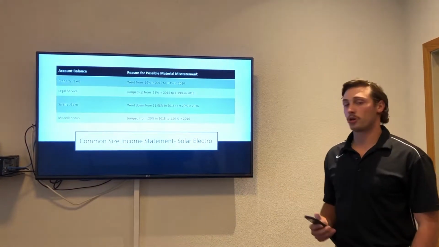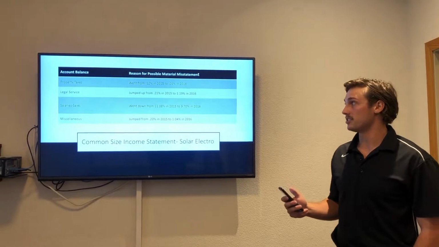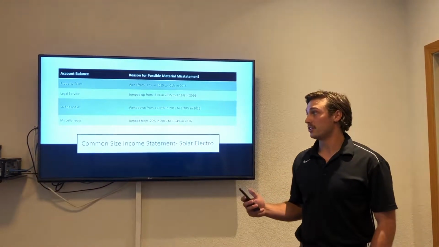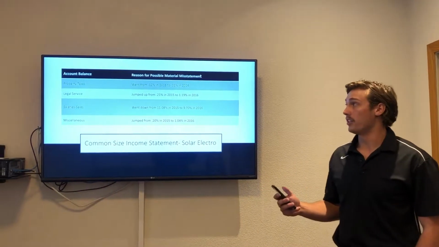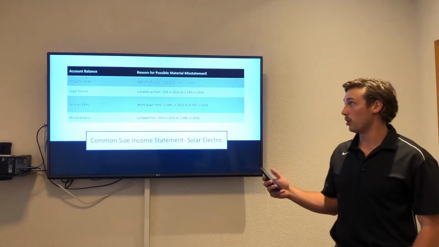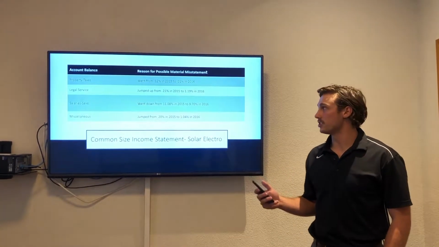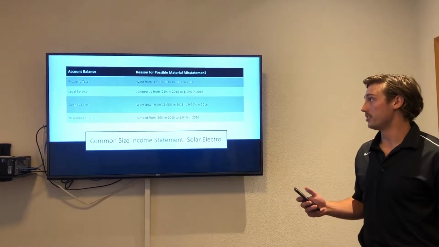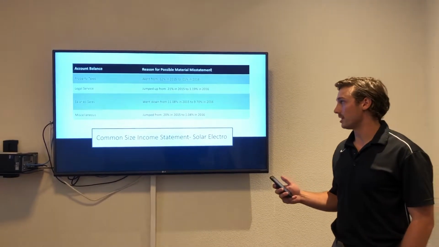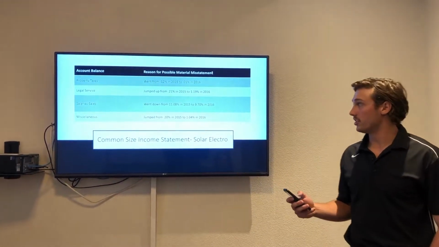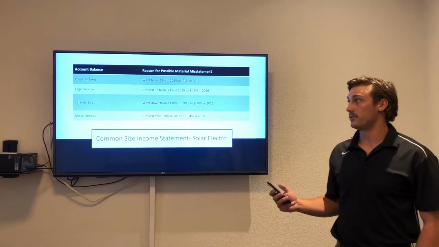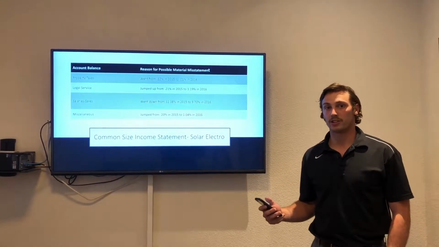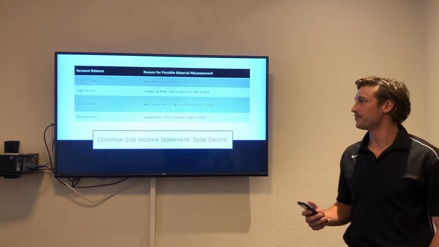Then for Solar Electro, we chose property taxes, legal service, salaries and sales, and miscellaneous. The property taxes ended up being the same as Welborn. Legal service jumped up from 0.21 in 2015 to 1.19 in 2016, which could be problematic because that means they're having more legal encounters, which is never a good thing.